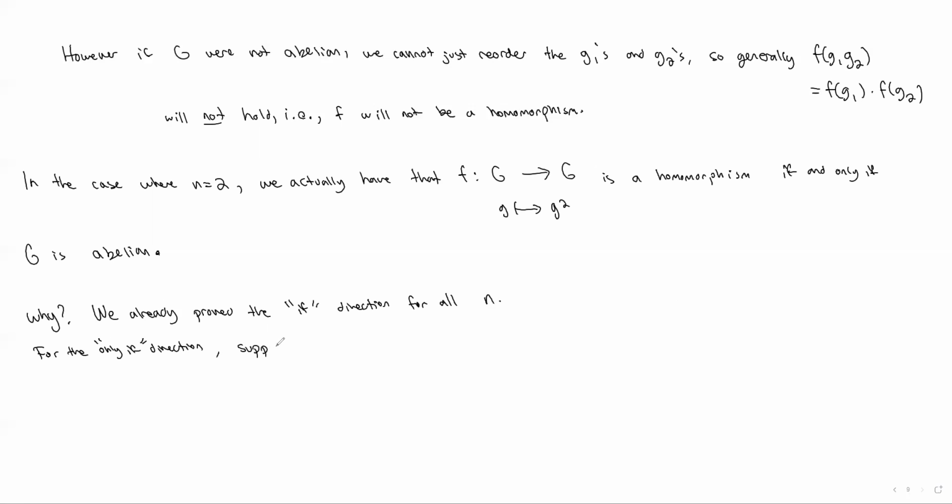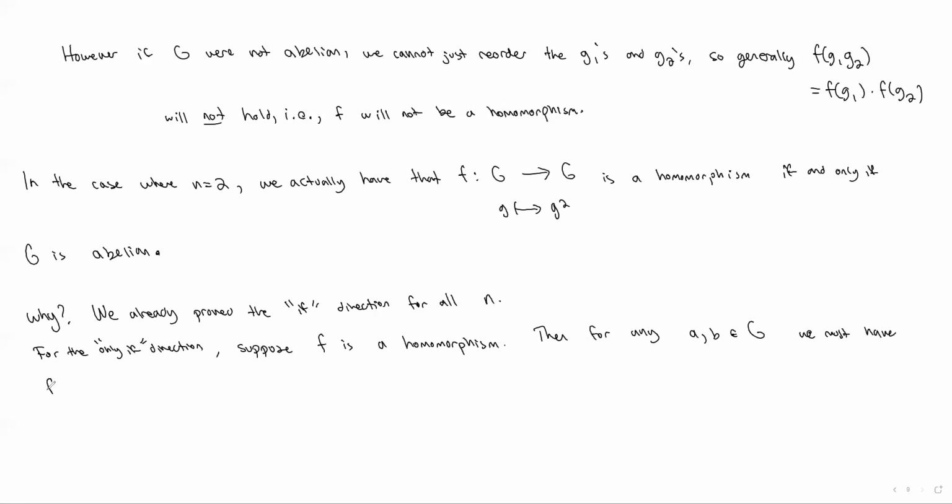For the only if direction, suppose f is a homomorphism, then for any a and b in G, we must have the condition that you always check for homomorphism. It should hold here.